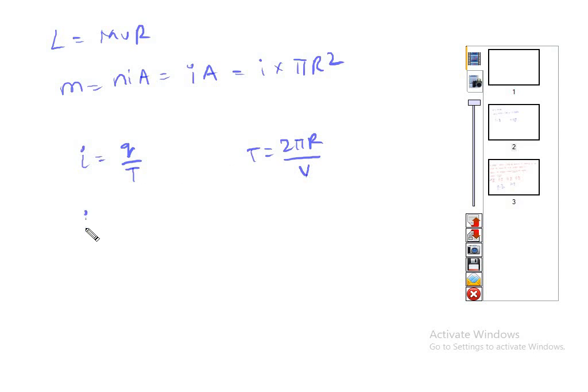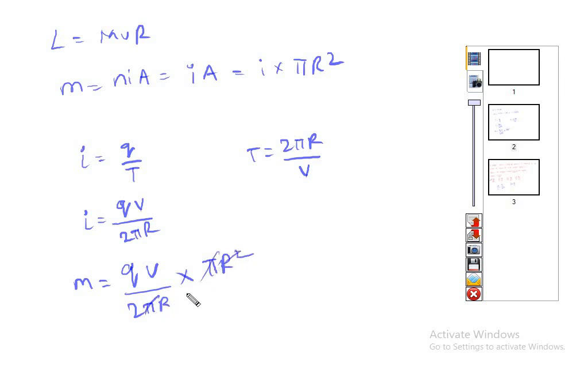So you can substitute current is equal to qv by 2 pi r. Substituting in mu is equal to I into pi r square, that is qv by 2 pi r into pi r square. So pi gets cancelled, one r gets cancelled, it is qvr by 2.